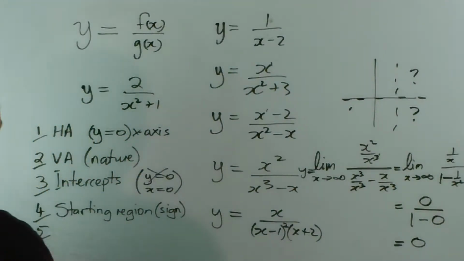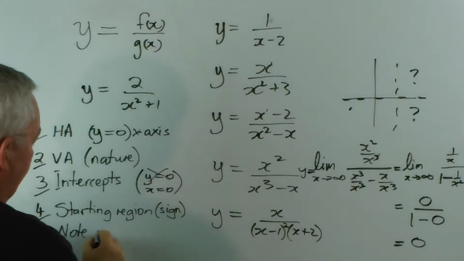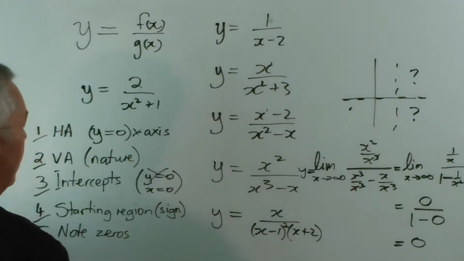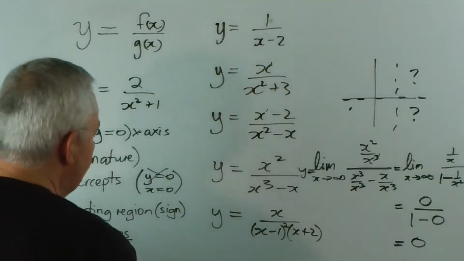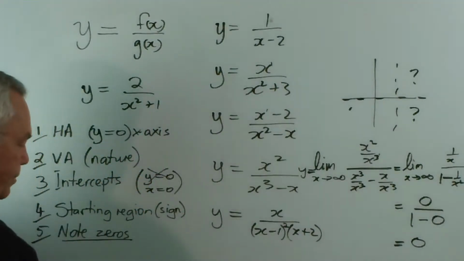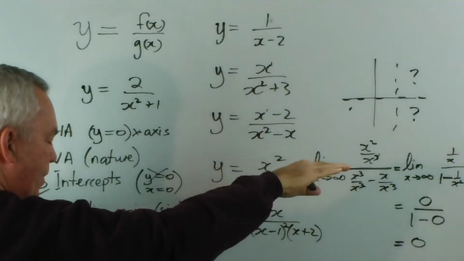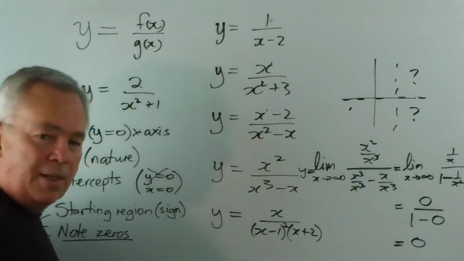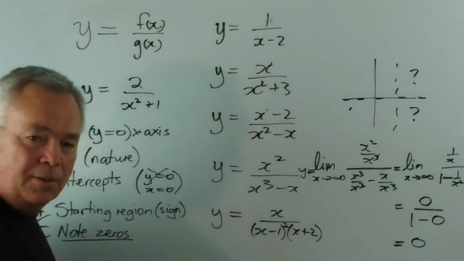And the fifth thing is to note any zeros in the numerator, because zeros, now I haven't told you the whole story about this. Although y equals 0 can be an asymptote at each end as you go towards infinity, the fact is that lines can cross asymptotes in the middle.